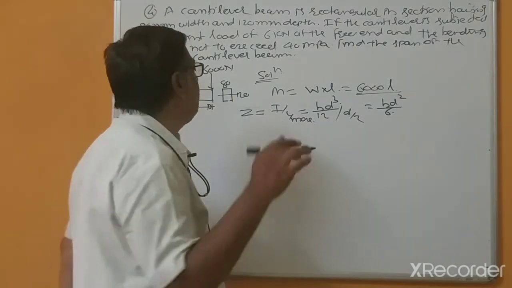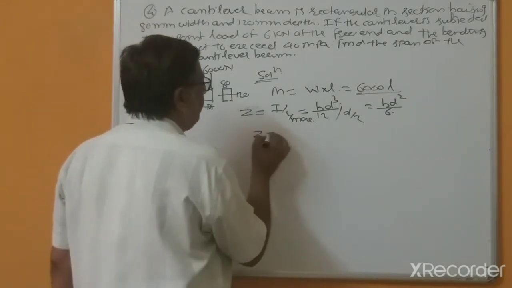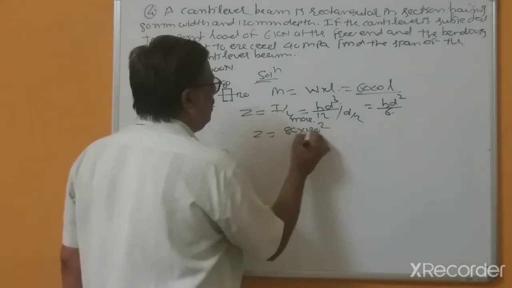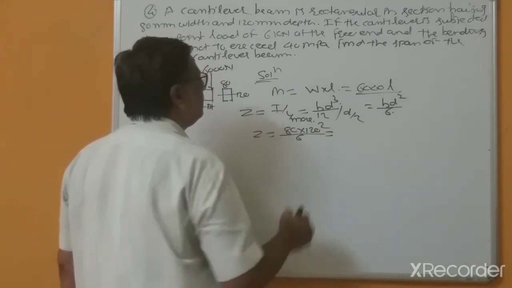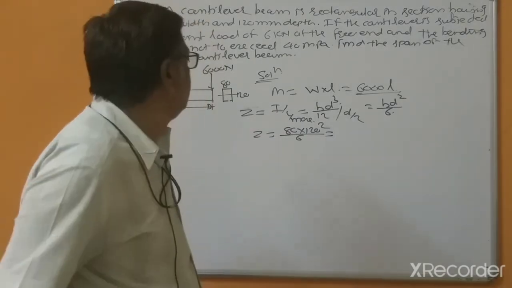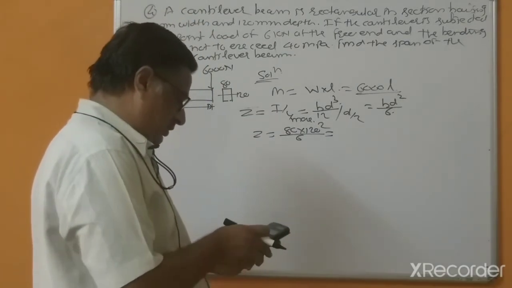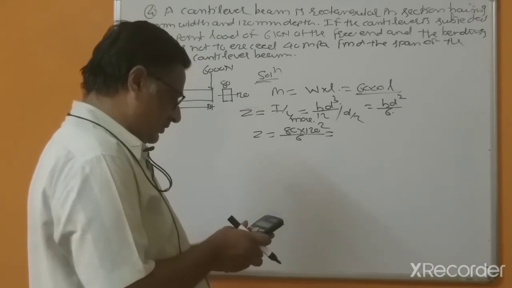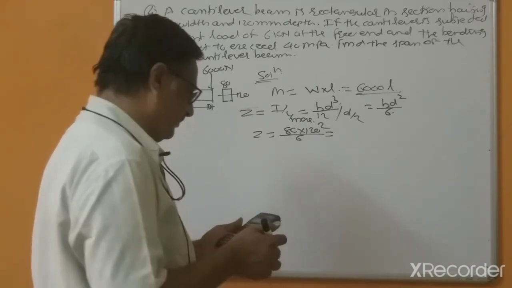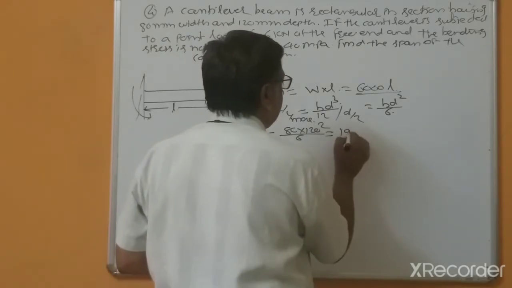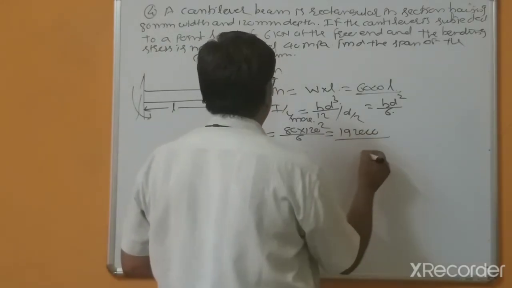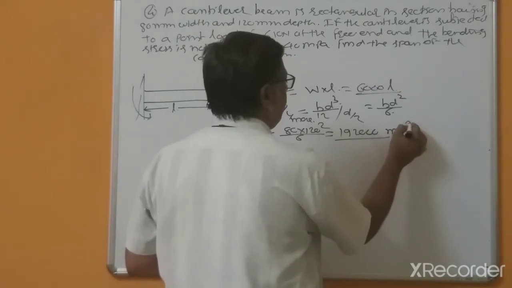So Z equal to 80 into 120 squared divided by 6, which is 192000 mm cube.